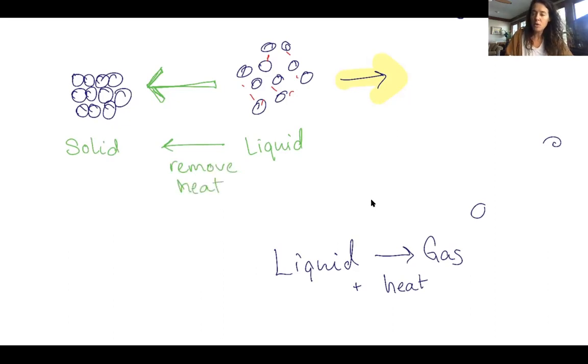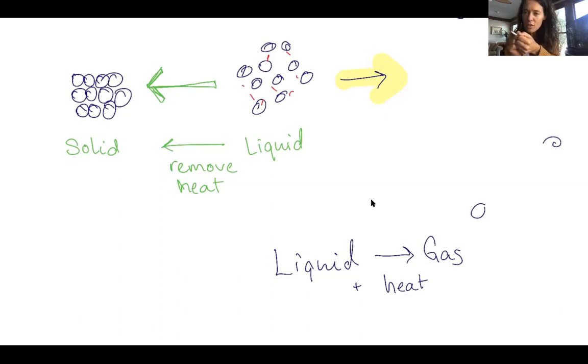Now I want you to think about it like this. I've got a liquid. As I remove heat, those molecules condense and come closer together. The greater the attraction between those molecules, the stronger the forces of attraction, the easier it is to form that solid.